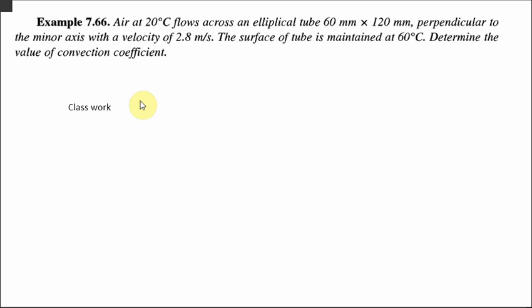The constants C and n can be obtained from page number 127 for the calculated Reynolds number. From the correlation you can find the value of h, so you can take it as a class work.